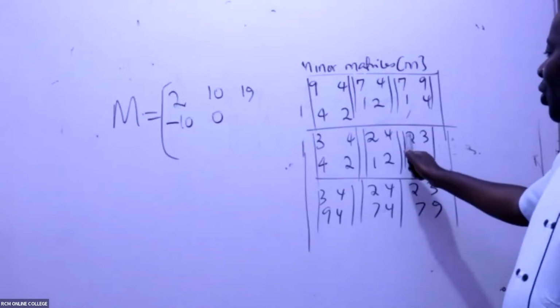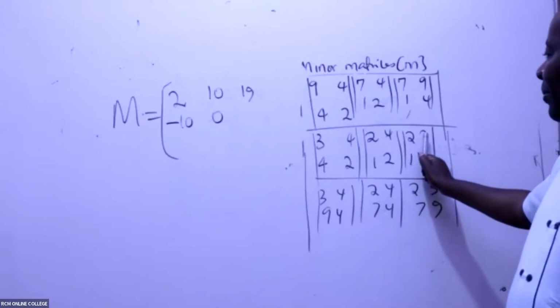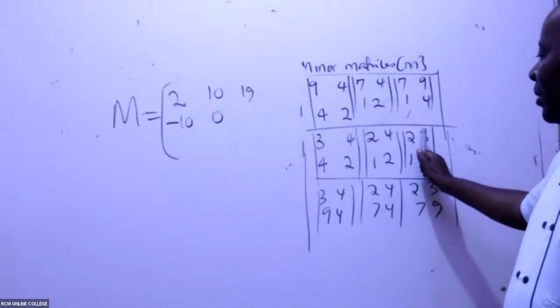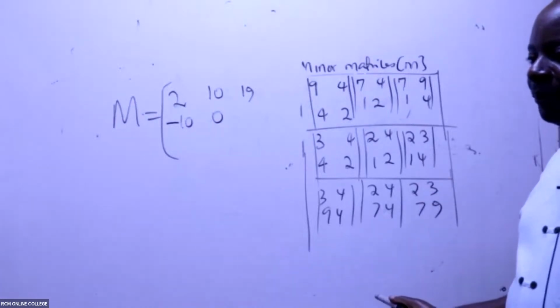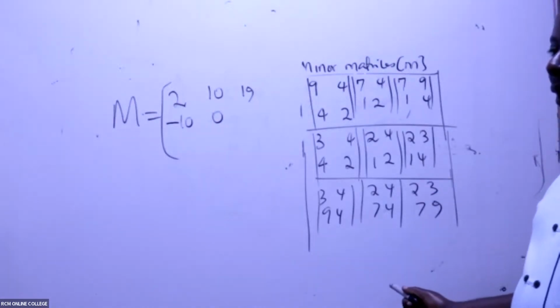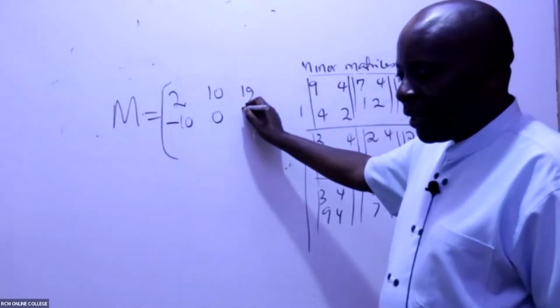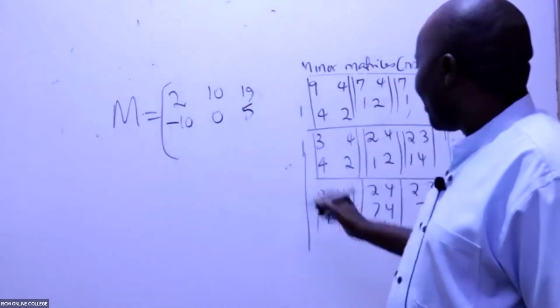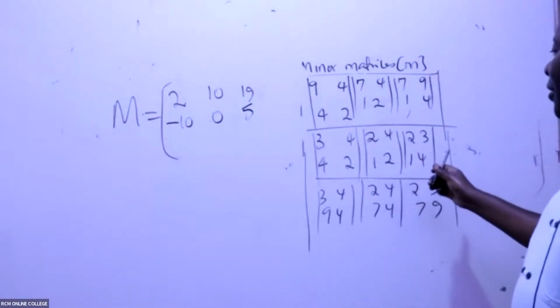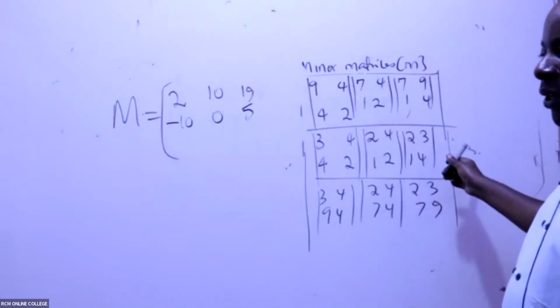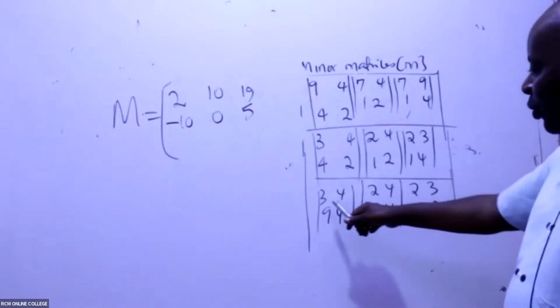Then you come here, 2 times 4 minus 1 times 3. That gives me what figure, ladies and gentlemen? Will give me 5, isn't it? So we have here 2 times 4 minus 1 times 3. So that gives me 5. So we come to this one here.